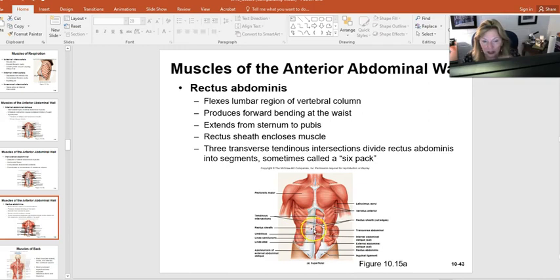So anyway, you can look at these different pictures, making sure that you are paying attention to whether something is superficial versus deep. Here is a great example of this. This is the platysma. This is a very superficial muscle here that I've got the mouse on. But if we went deep to that, if we actually remove the platysma, we would see the sternocleidomastoid.